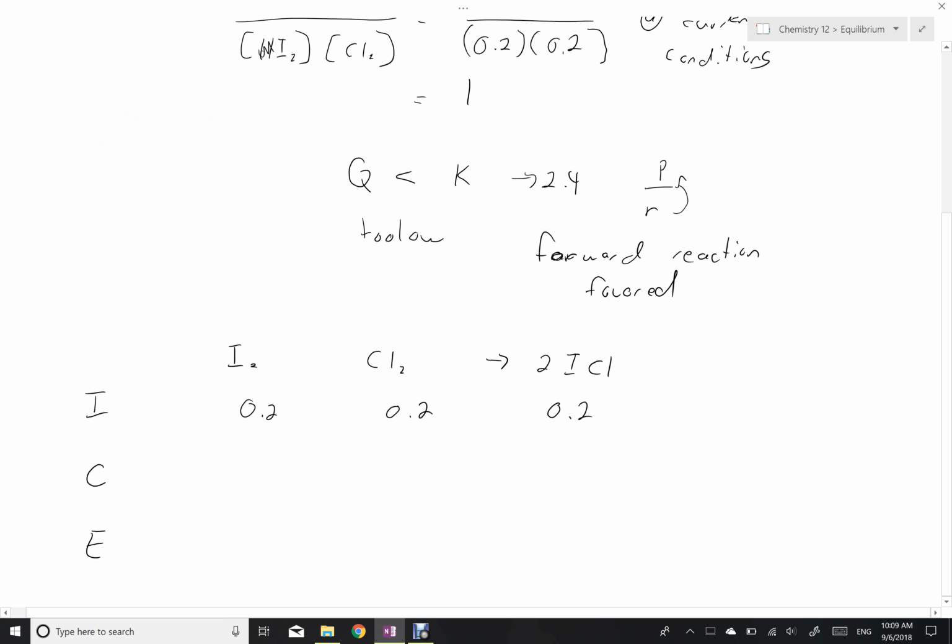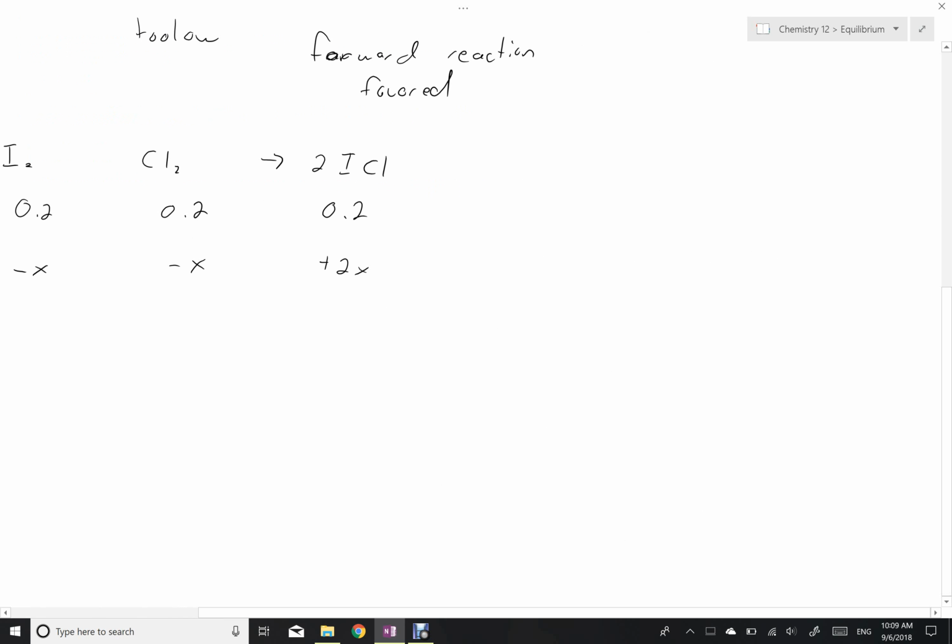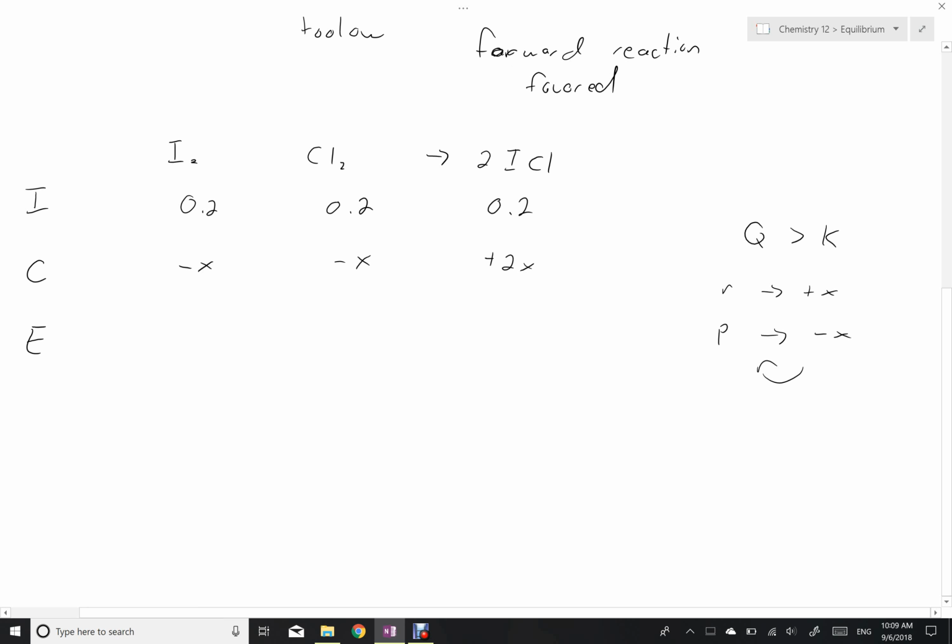Since the forward reaction is favored, this is going to decrease, and this is going to decrease, and this is going to increase. Just for the sake of argument, had Q been greater than K, then the reactant x's would have been plus x, and the product x's would have been minus x, as in it would have gone backwards. Since we're going forwards, we have our usual minus x, and 2x.